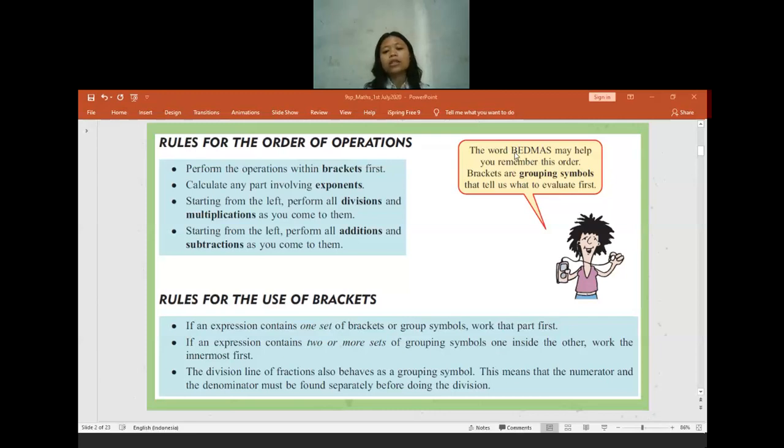Addition and subtraction are at the same level, and division and multiplication are at the same level. For the exponent, the indices or powers and also the roots are at the same level. So the highest is the bracket, then the exponent, then division or multiplication, then addition or subtraction.